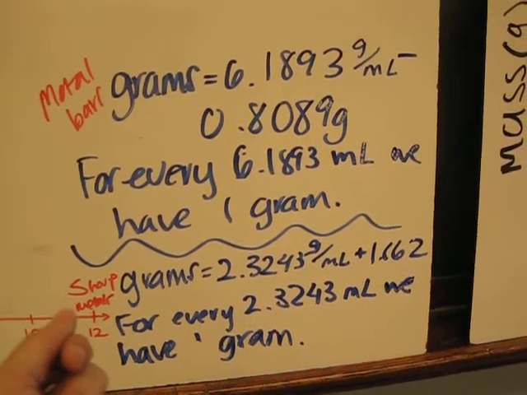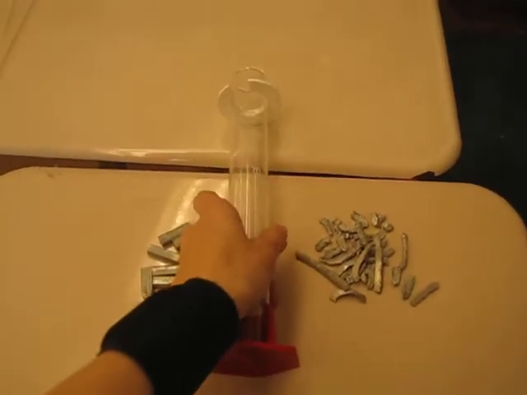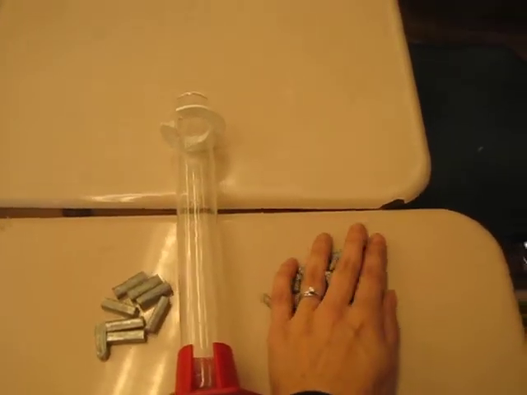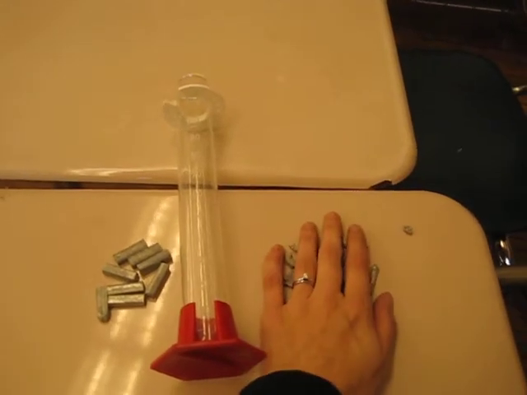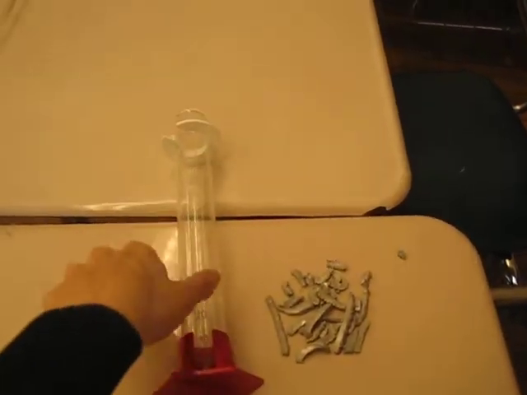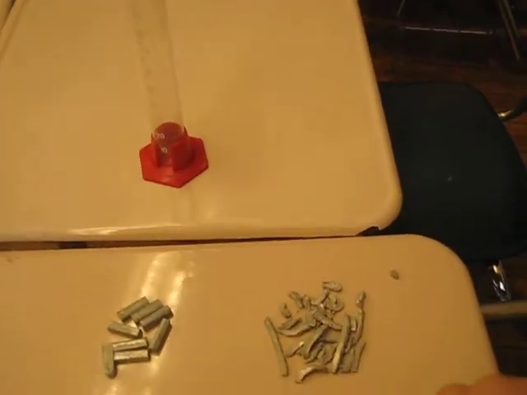One thing we talked about was error, and I want you to mention this definitely in your conclusion. We talked about how if someone put the wet metal into the graduated cylinder, it would measure the metal and the water, so that would add volume. If we put the wet metal on a balance, that would add mass. Our desks are slanted, so that would mess with our volume a little bit.